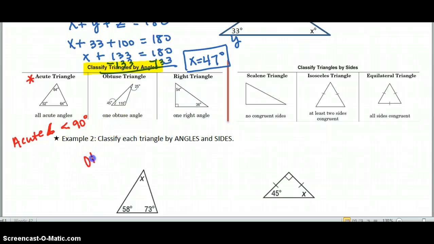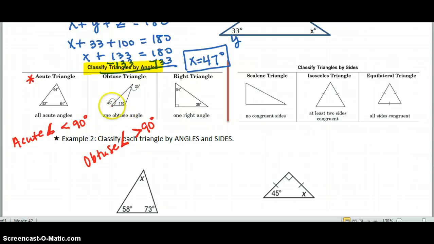To be an obtuse angle, it measures more than 90 degrees. Since all the angles add up to be 180, I cannot have two angles that are more than 90 degrees, because think about it, 90 plus 90 is 180 degrees.